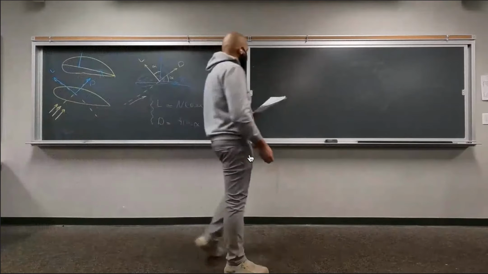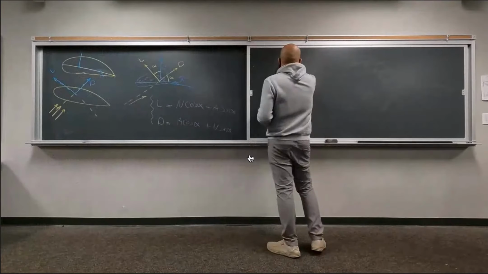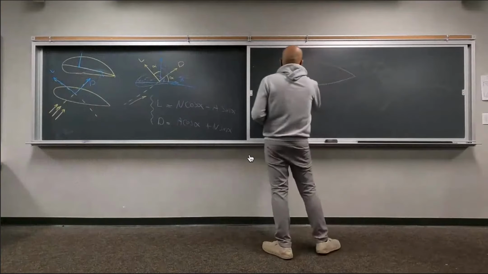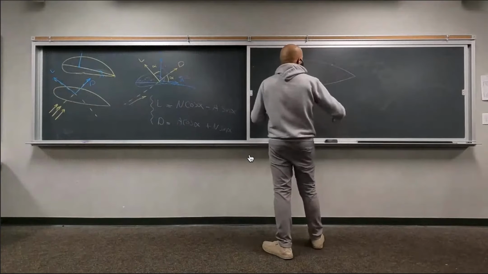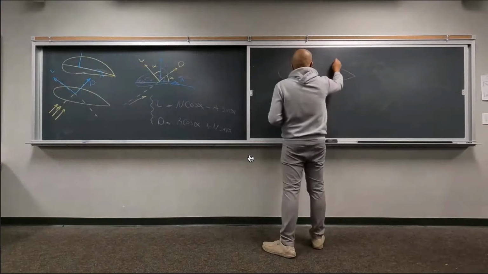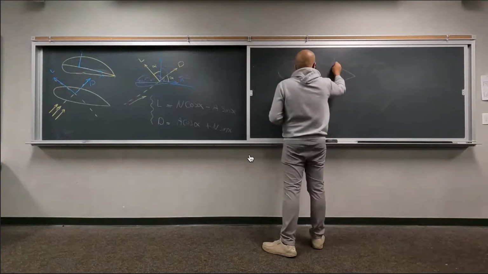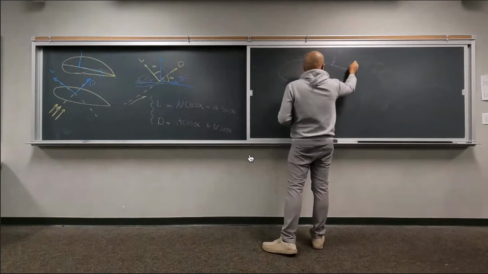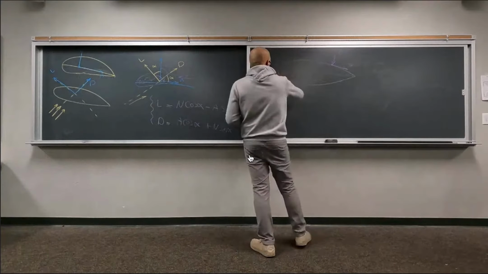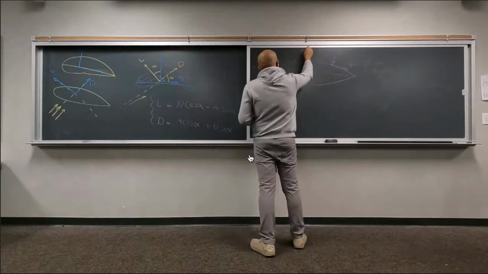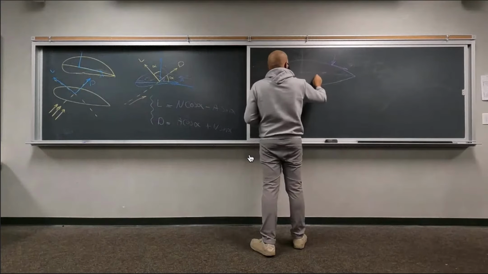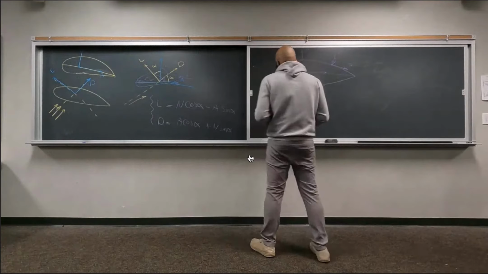So let's take a look at another airfoil. This time, let's take a look at this random point. We have pressure and shear. And then you have the chord, the center line, your normal force, and your axial force.